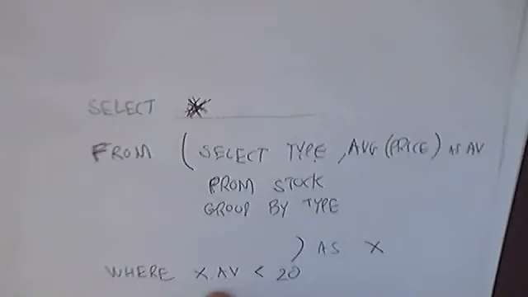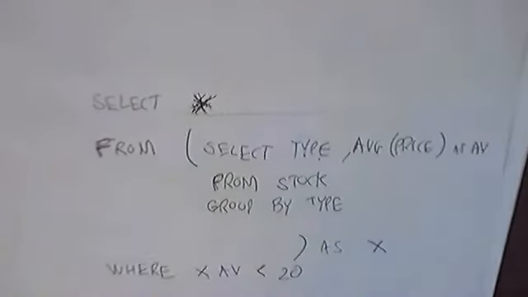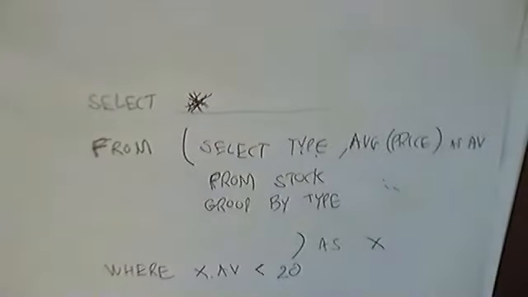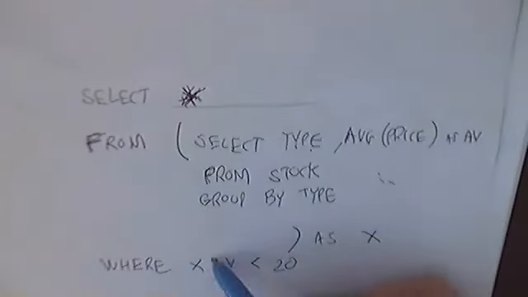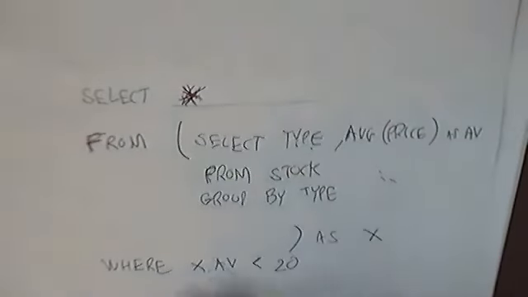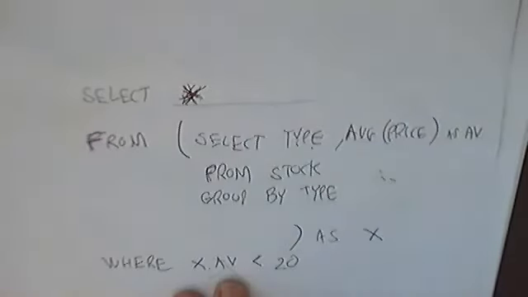Okay, so you can always do this, but just like the outer join, it's good to have the having, because the having allows the query optimizer to do this kind of evaluation. Let's say that there are a gazillion sectors that have an average price less than 20.